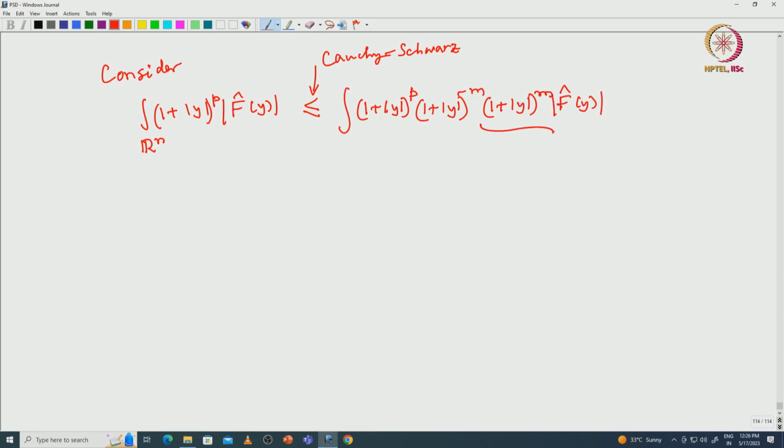I know this is in L2 because we just proved it. So you just get this equal. I am not doing anything here. Now I get this (1 + |y|)^{p-m} to the half, and this is J to the half. We have already introduced that notation.